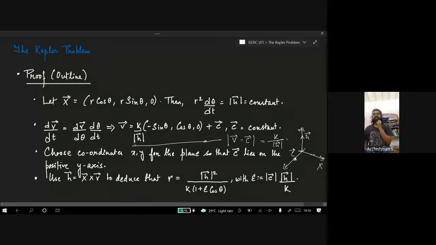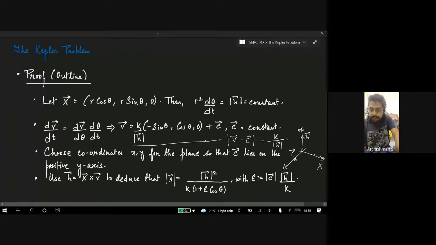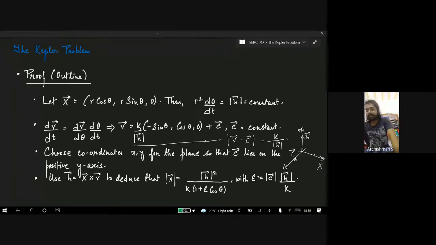If you do that, then you can use the angular momentum definition to conclude that r is mod x. So you can conclude that the norm of x follows mod h squared by k times 1 plus epsilon cos theta.